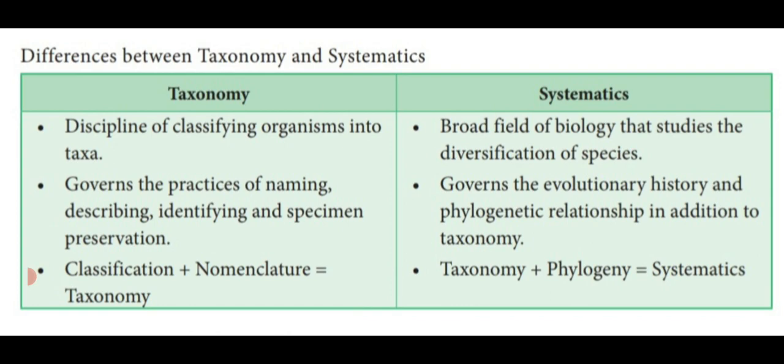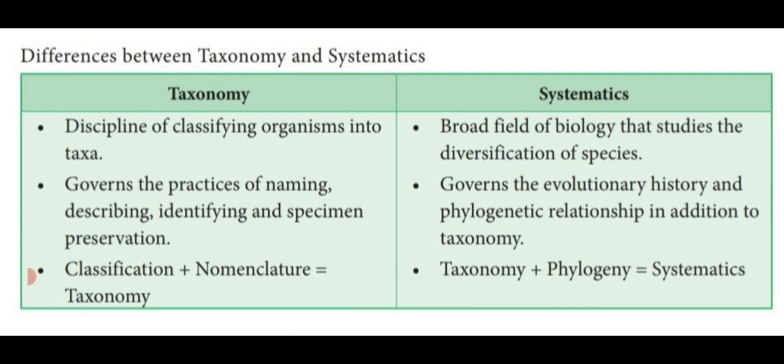So they give the entire detail about taxonomy, as well as evolutionary history and phylogenetic relationship. Third one, taxonomy means classification, then giving the name, nomenclature equal to taxonomy. But systematic means taxonomy plus phylogeny equal to systematic.